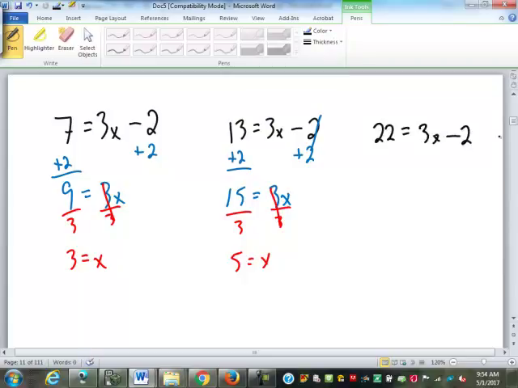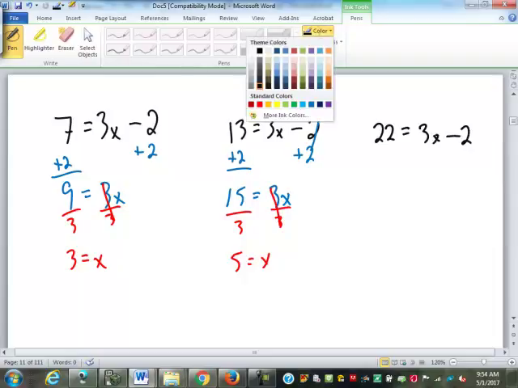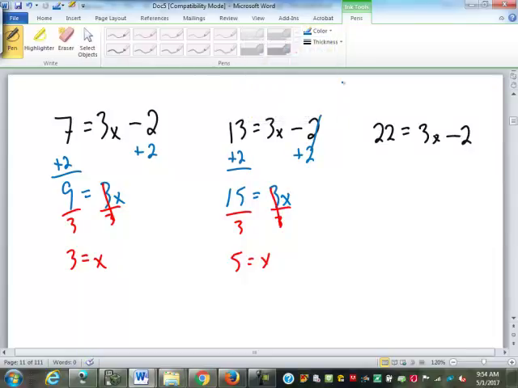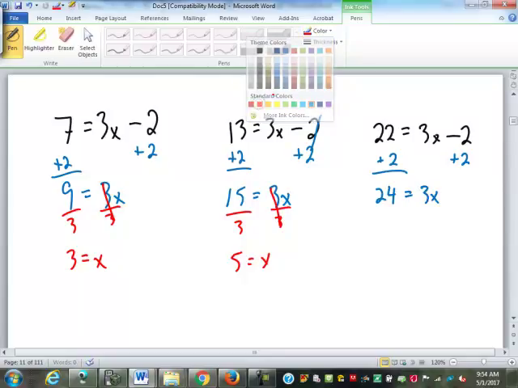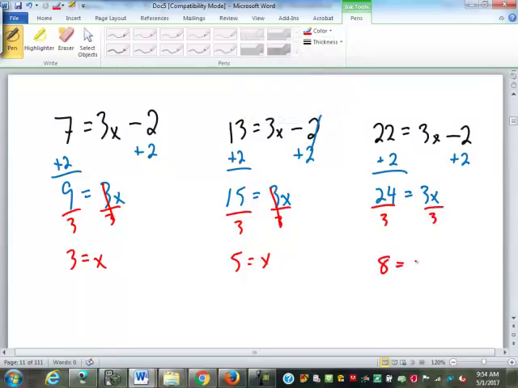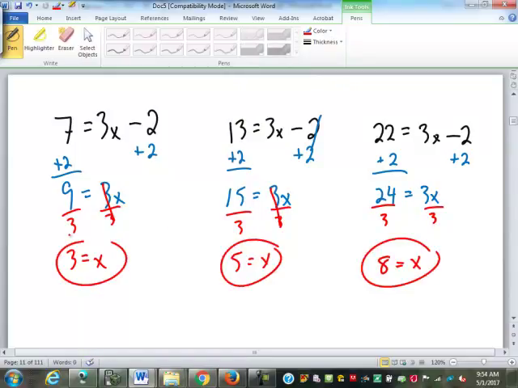I might have 22 equals 3x minus 2. Again, the steps are exactly the same to solve. I add 2. Divide by 3. Different values of x, but in every equation, exactly the same steps to solve it.